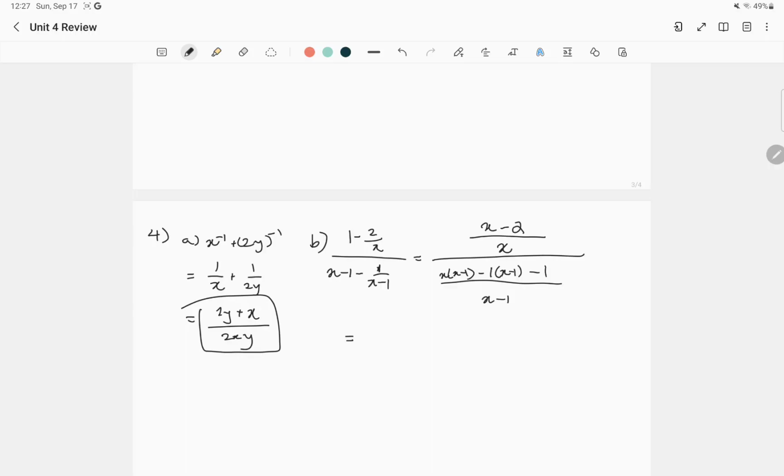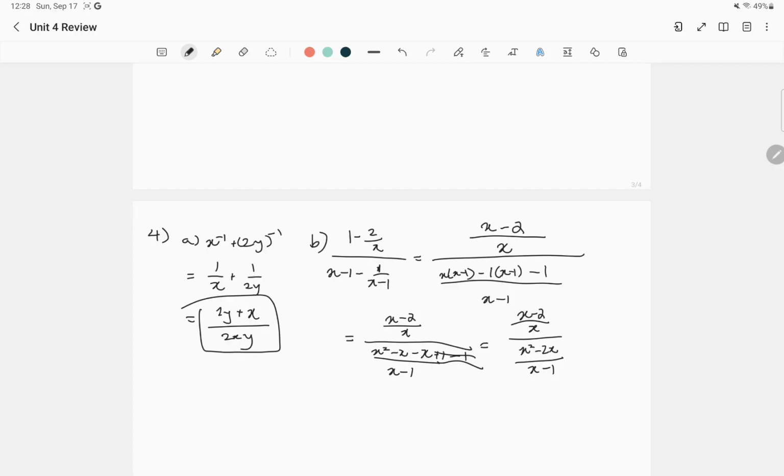So what does this give us? This will be x minus 2 over x on top, over x squared minus x, then minus x plus 1 minus 1. These two cancel out at the end, which is nice. So this is going to give us x minus 2 over x, over, combining like terms, x squared minus 2x over x minus 1.